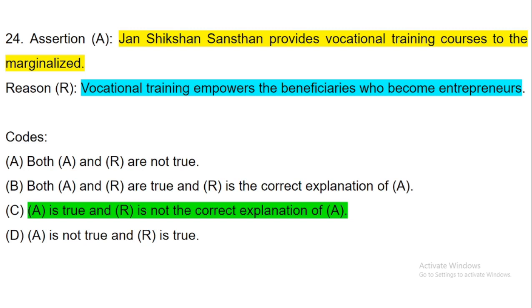So it's not the correct explanation of A, because one is talking about the marginalized group and the other about entrepreneurs. Entrepreneurs and marginalized groups are different, and it's not an explanation of option A. So we'll go with option C, that is A is true and R is not the correct explanation of A.